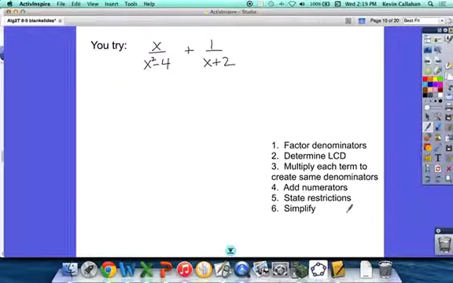How did you factor that one denominator? It's a difference of squares, right?